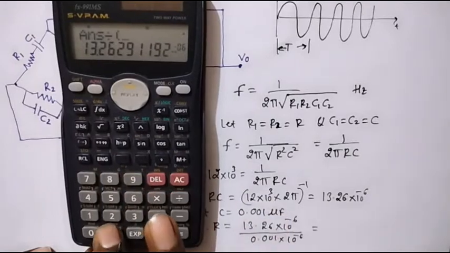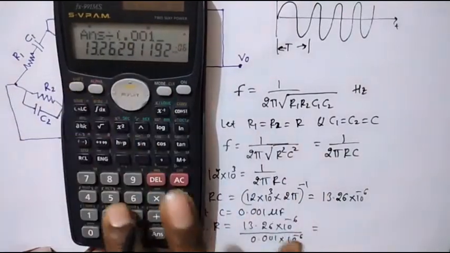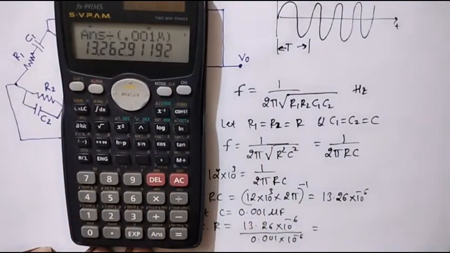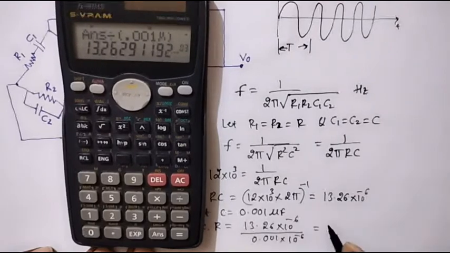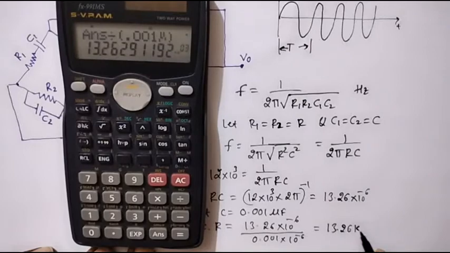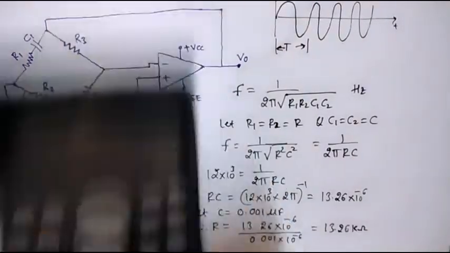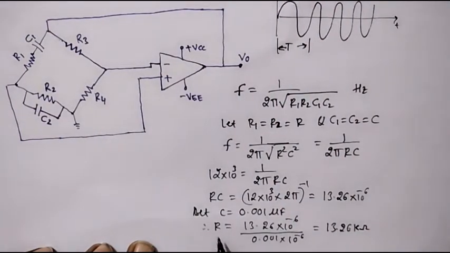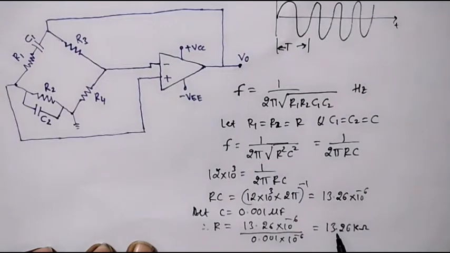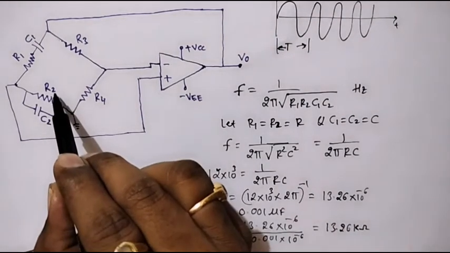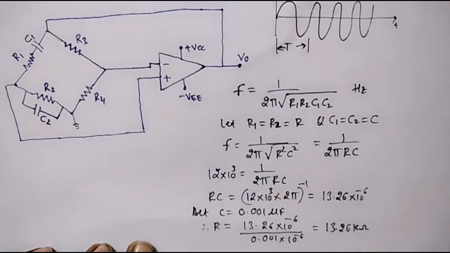Dividing by 0.001 micro, it gives the resistor value as 13.26 kilo ohm. So now I can say that R is equal to 13.26 kilo ohm. It means that the value of R1 is equal to 13.26 kilo ohm and the value of R2 is 13.26 kilo ohm.